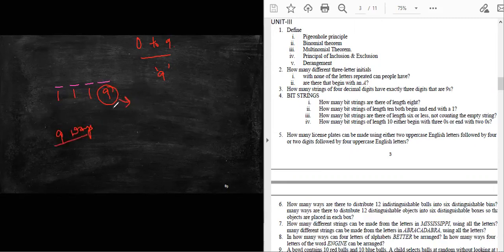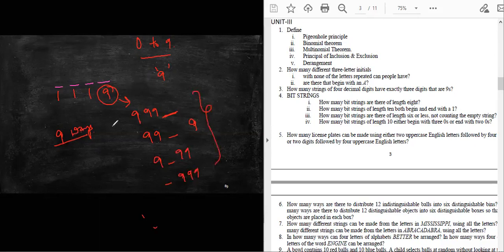But apart from that, suppose we have the number in this way, 999 and this blank is being filled with any of the 9 numbers. Otherwise, we can have a number in this way, 99, with the other number filled in the third position. It can be in the second position, and it can even be in the first position.